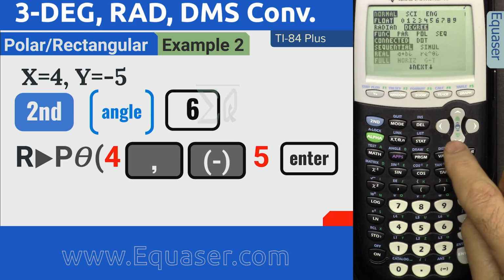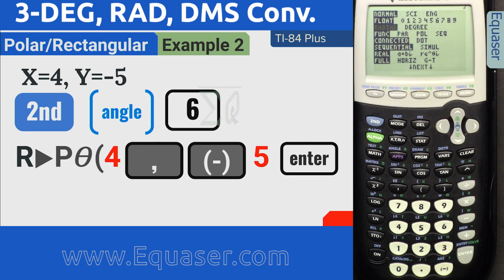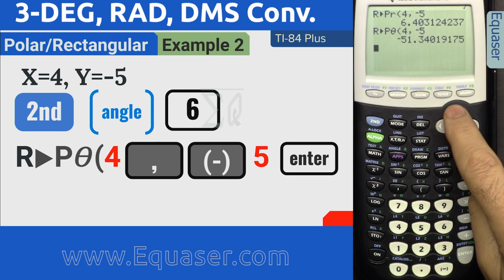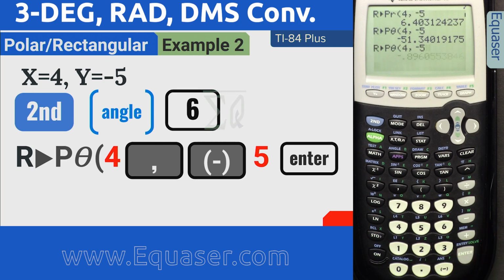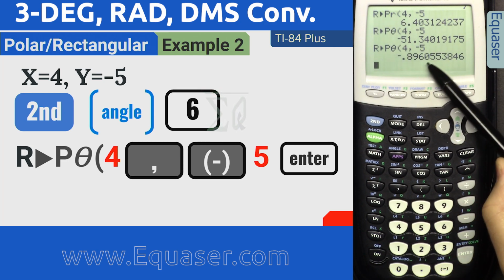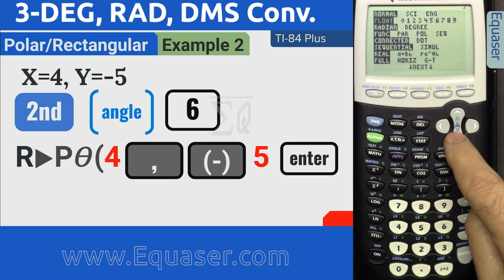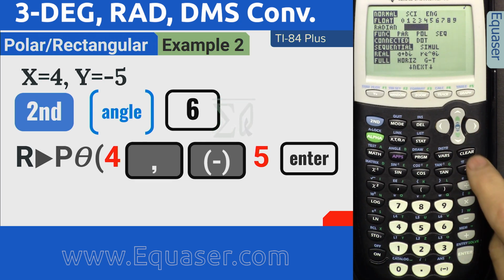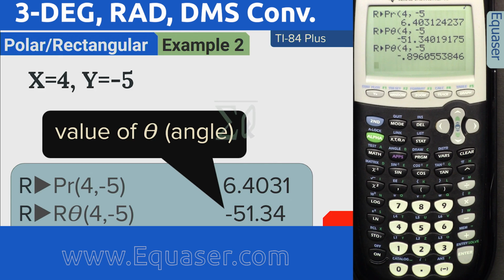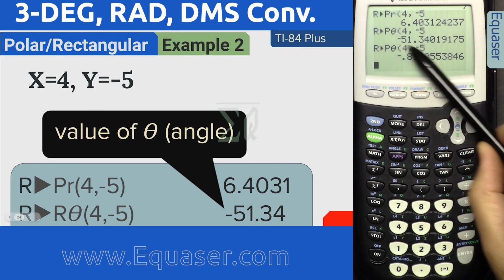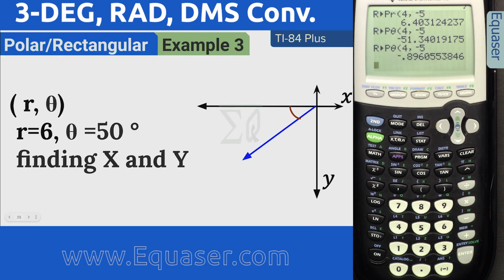If for some reason you forgot, and you are in radian, clear, let's go up and enter. You will get minus 0.89 radian, which is incorrect. Let me go back to degree, clear. So the angle was given here, minus 51.34. And now make sure the unit is in degree here.